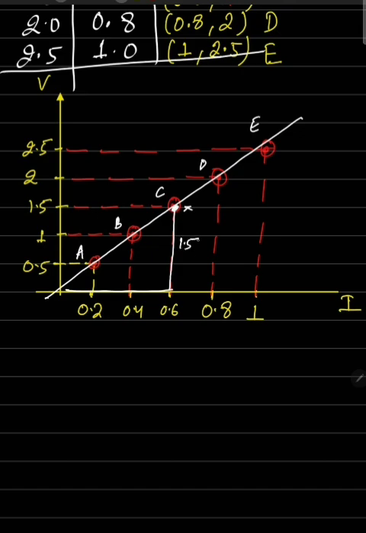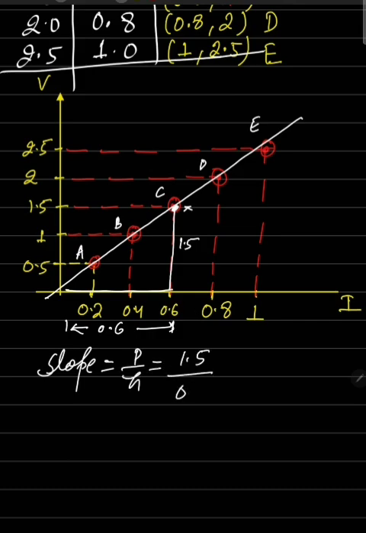It is 1.5, and in horizontal it is 0.6. I have told you that slope is equal to P by B, perpendicular by base. So the base here is 0.6.